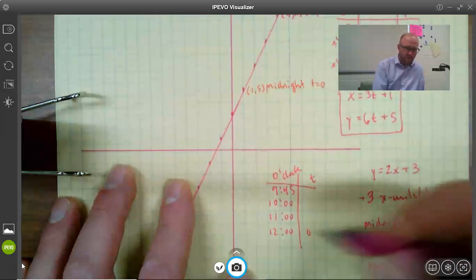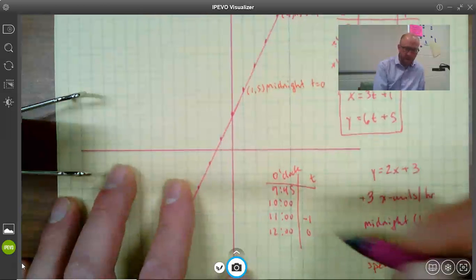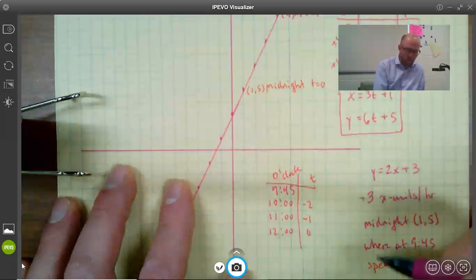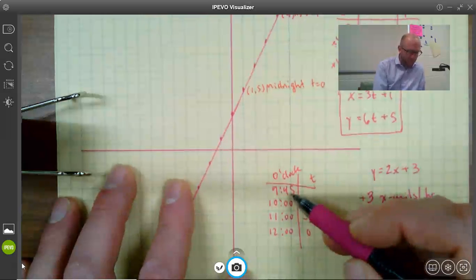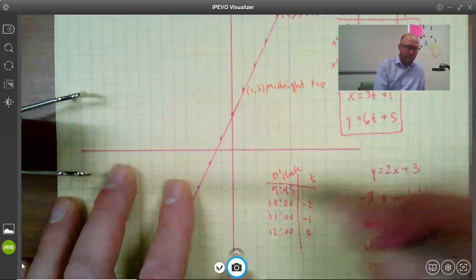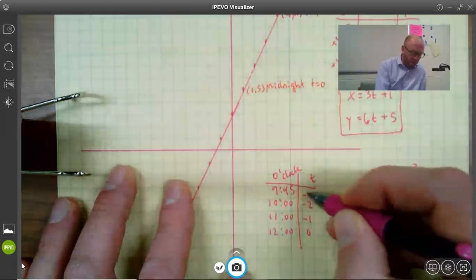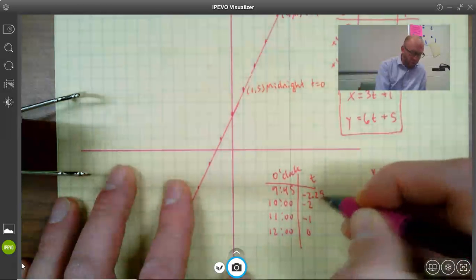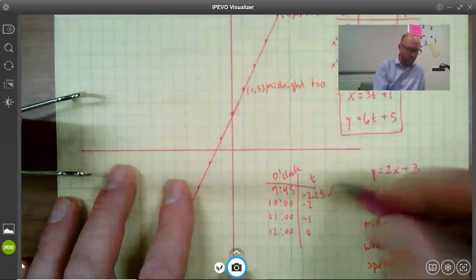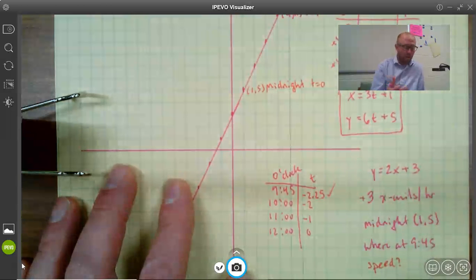At midnight t is 0. At 11, we're at t equals negative 1. At 10, we're at negative 2. And an extra 15 minutes back from that, a quarter hour, gives negative 2.25. So at 9:45, t is negative 2.25.